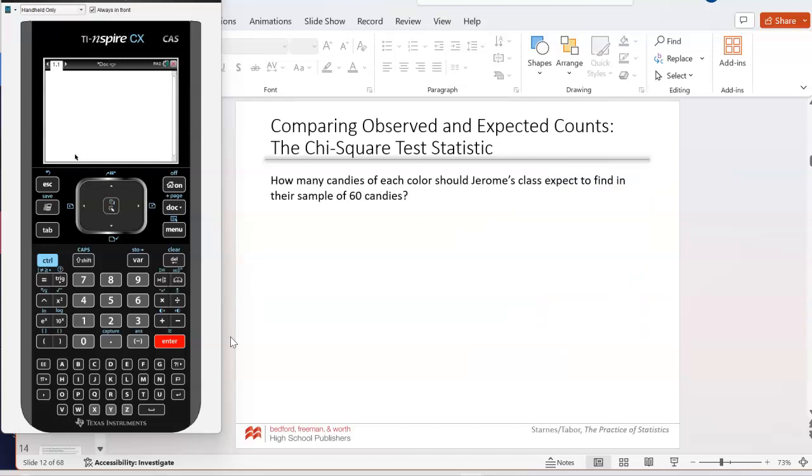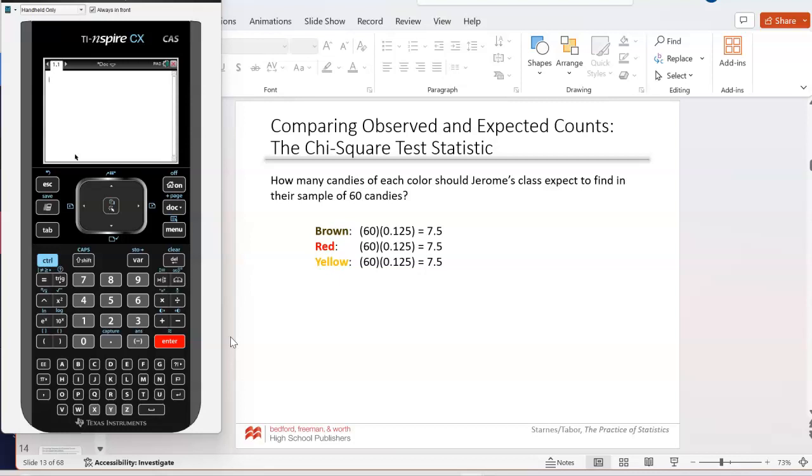Okay, so how many candies of each color did they expect to find? That's not too hard to figure out, if that makes sense. To do that, you would just take the stated percentages and multiply by 60 because that's the sample size, or n here. So 60 times 0.125.